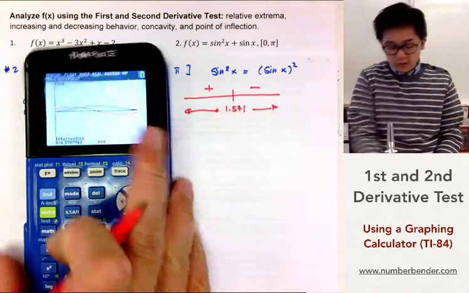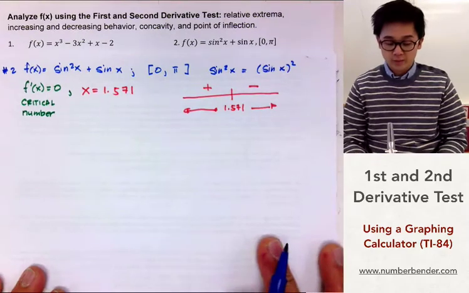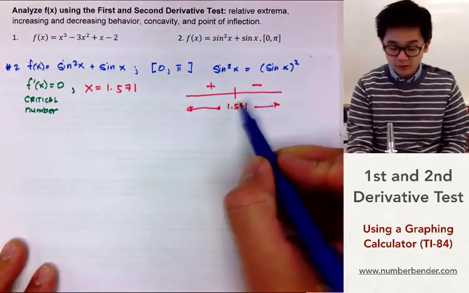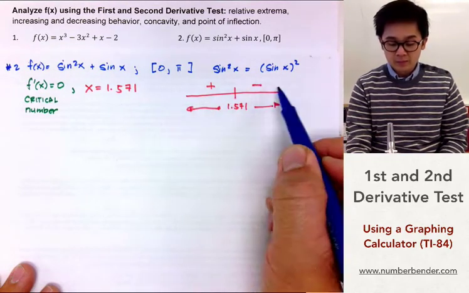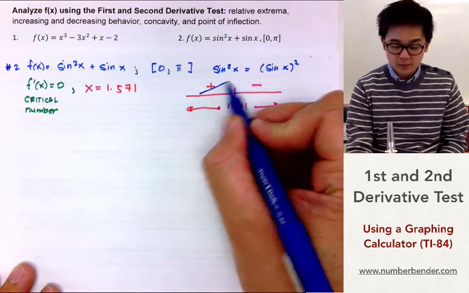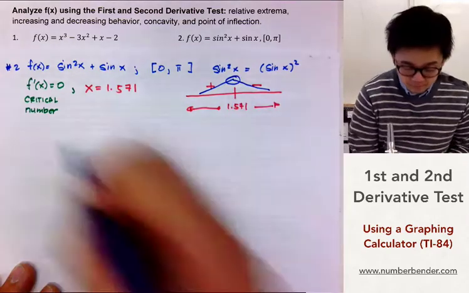So this is now our sign chart, which we can use in finding our relative min and relative max. Here we only have one critical number, so we have a relative maximum because it's changing from positive to negative. So going up, and then it went down right here, so we have a maximum.